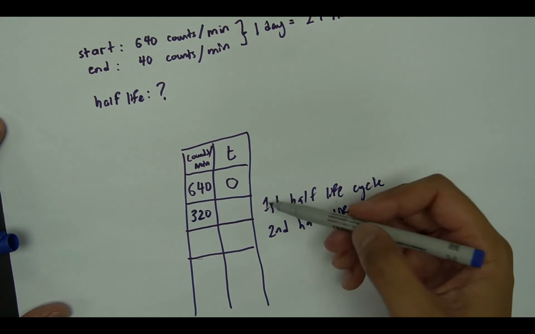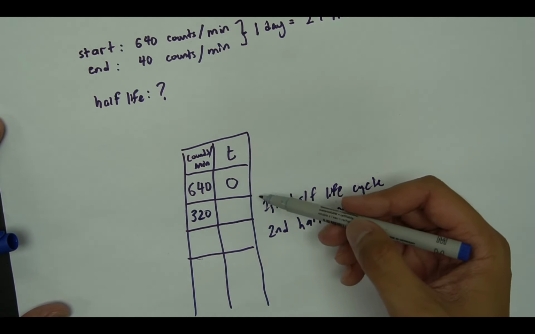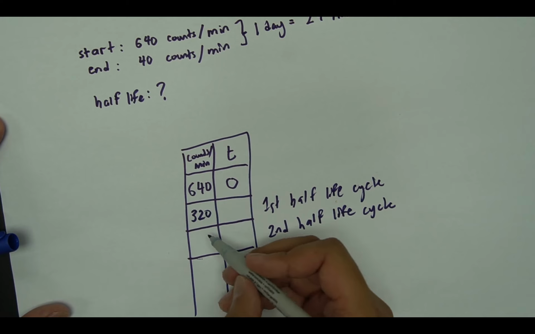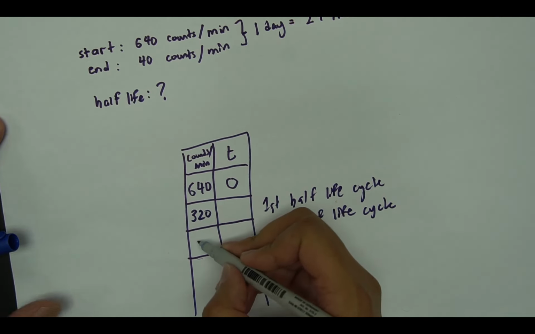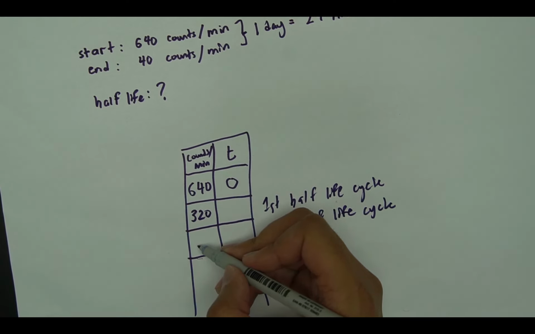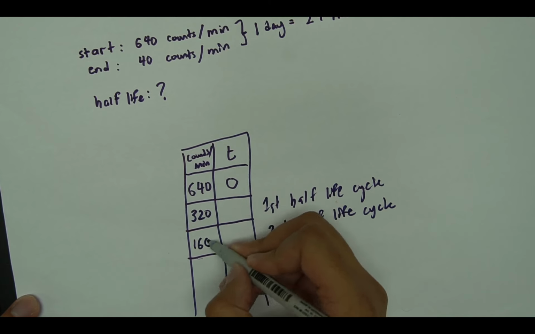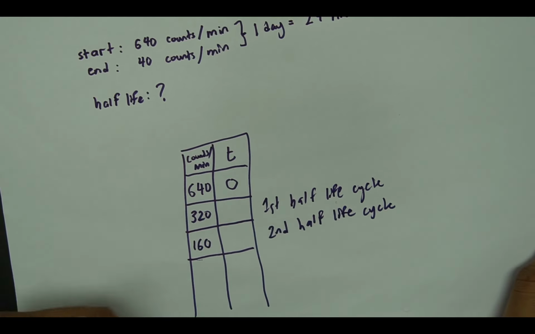Okay, and then after another half-life, the 320 becomes half again. So 320 divided by 2, let me grab my calculator here, 160. Okay, and we have to go again.